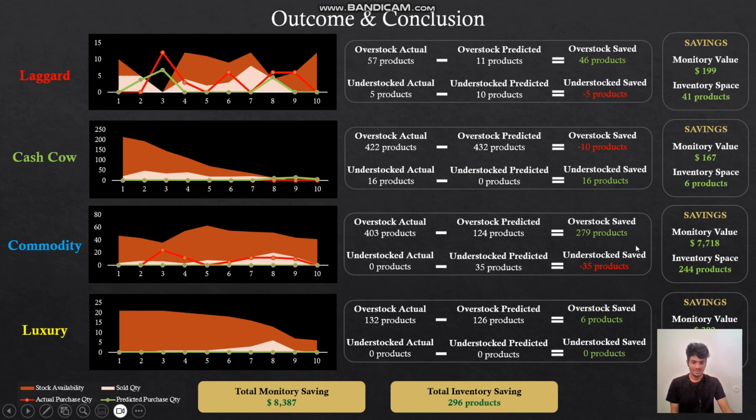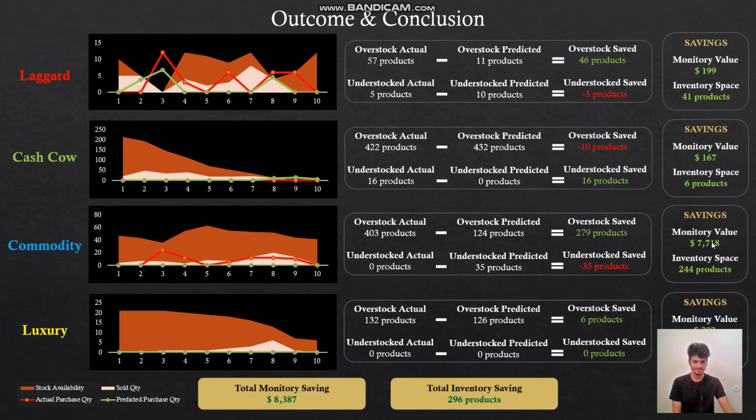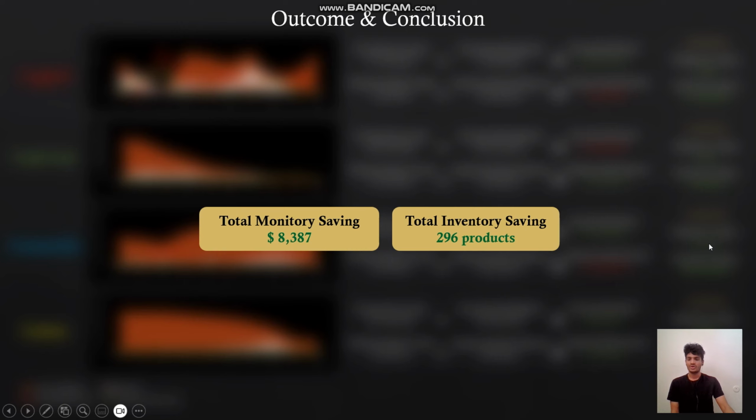Also, commodity products are sold for more profit, and they usually have a higher selling price. That resulted in a huge monetary value that could have been cut. Overall, we could have saved almost $8,000 and there's a space for 300 products.